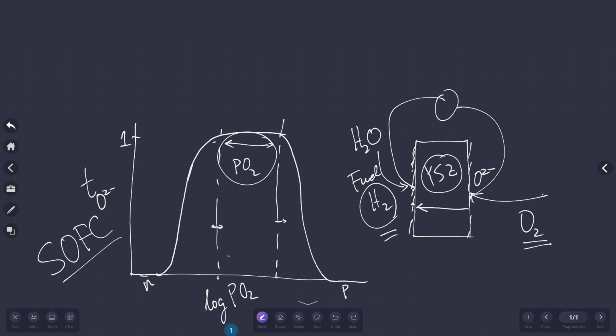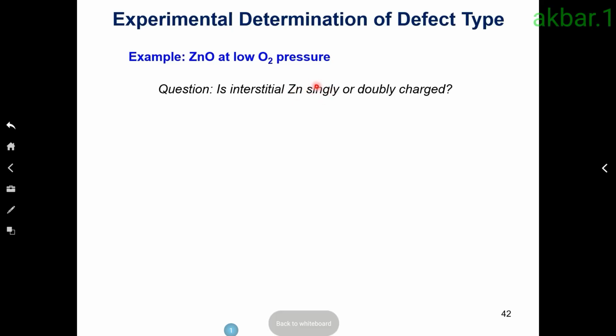So here is something that you can do simply by thermodynamic calculation. Zinc oxide, for example: there is some controversy about whether, at low PO2, the excess zinc is singly or doubly ionized.